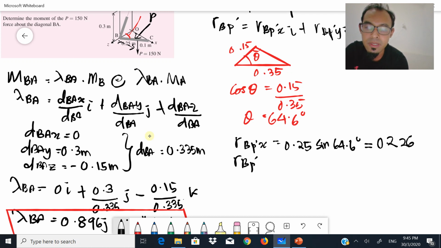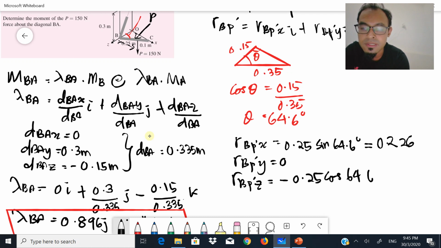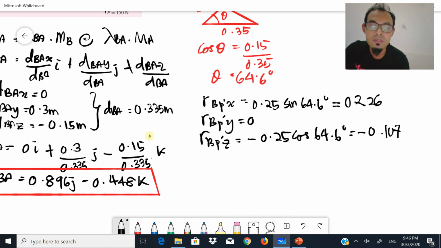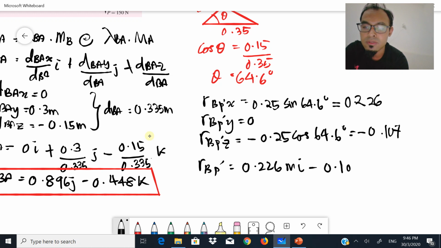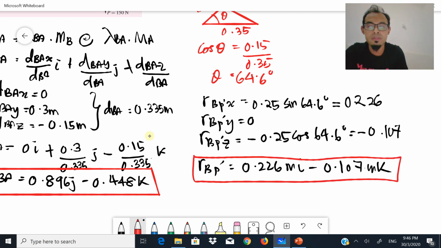And r_BP'y equals 0, isn't it? And r_BP'z must be negative 0.25 cos 64.6 degrees, so the answer is negative 0.107. Then in vector form, r_BP' is 0.226 meter i minus 0.107 meter k. Right, clear?